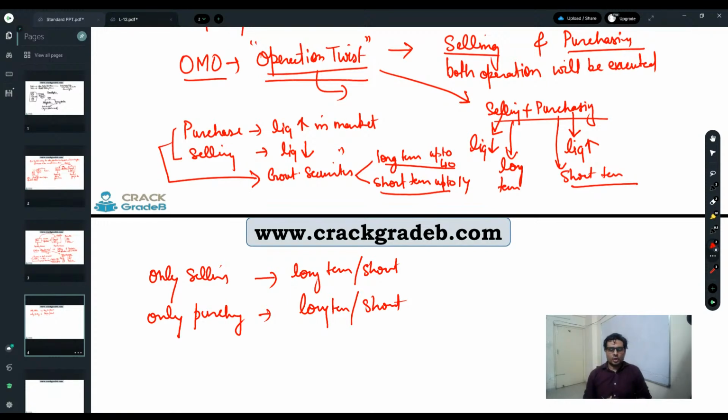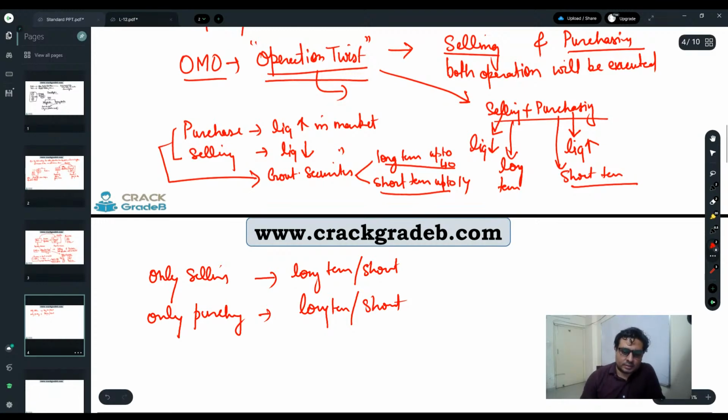To understand why long term and short term, as of now, just keep this in your mind that they will go for short term and long term selling and purchasing, right?